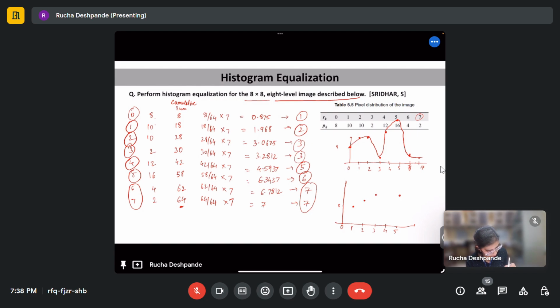So this has 12, this has 12. 6 does not have anything, and then 7, it's 6.